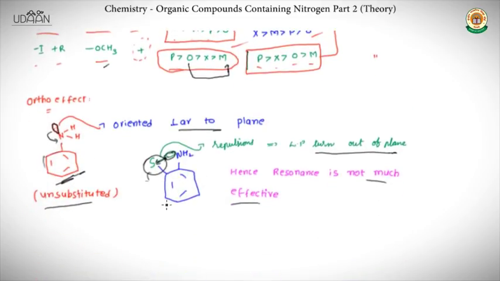Now this is what you are taught in your GOC chapter, ortho effect for COOH group, where you have substitution here. Now the same is the case with this NH2 group. Just recapitulate your GOC and go through that GOC, you will be more comfortable with this.